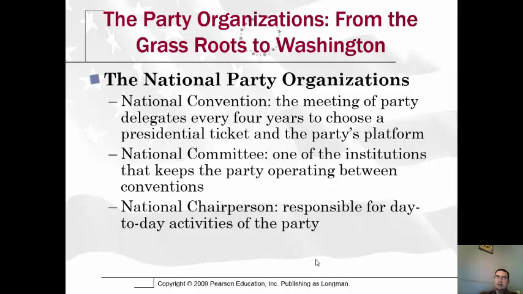And so the convention is more like a big campaign event, kind of an infomercial, if you will, for the candidates and the party, not just the candidate for president, but also the party as a whole, and other candidates for Congress. From a national, federal standpoint, that's really what the conventions are trying to do: get out the message of the party and identify with different Congress people who are running, to try and get them reelected for their party.